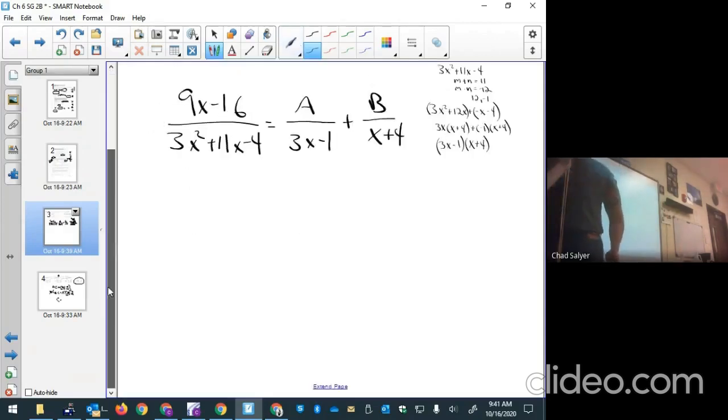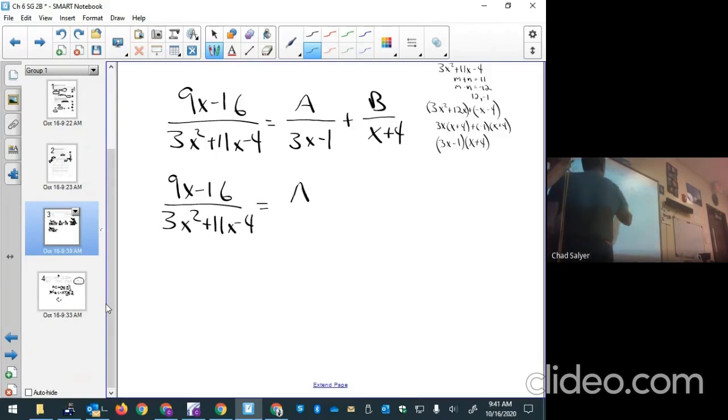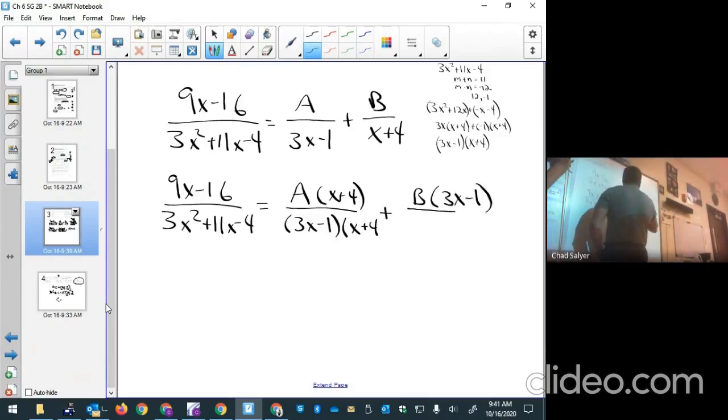So let's get matching denominators here. 9x minus 16 over 3x squared plus 11x minus 4 equals A times x plus 4 over 3x minus 1 times x plus 4 plus B times 3x minus 1 over x plus 4 times 3x minus 1.